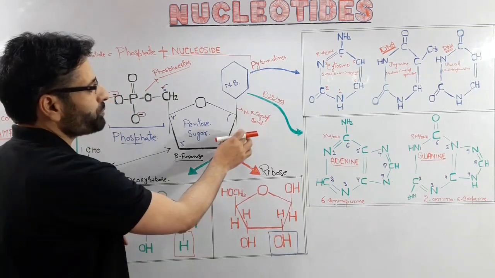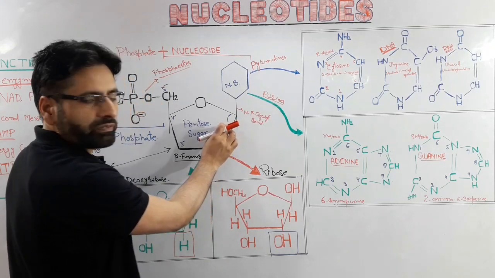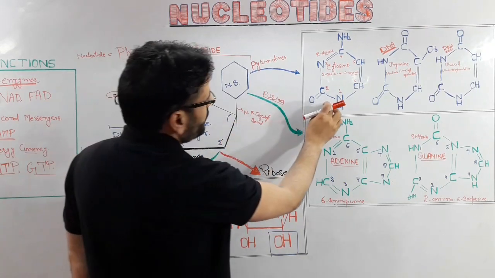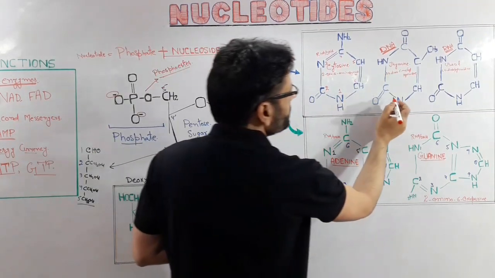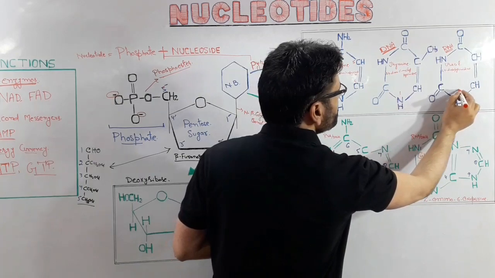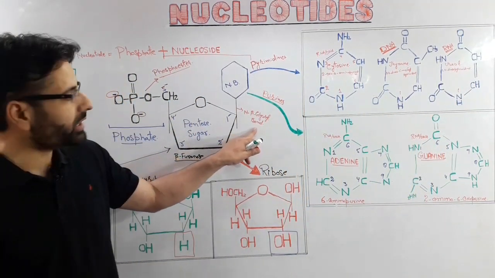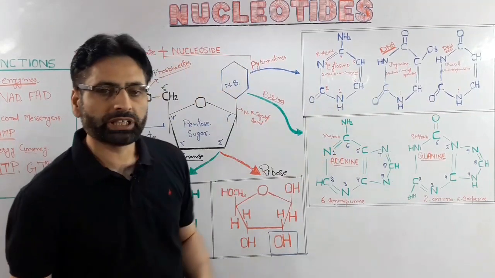Here another important point is that the first carbon will form the glycosyl bond with the first nitrogen of these pyrimidines. That is, pyrimidines will form the glycosyl bond through the first nitrogen atoms of these nitrogen bases.